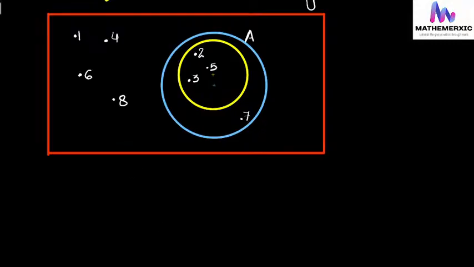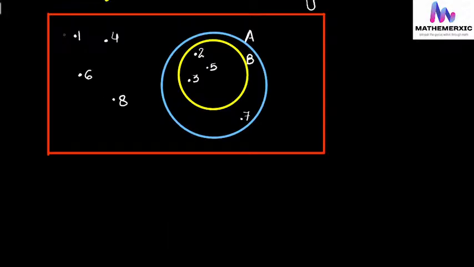Let us mark it as B, and in B we have 2, 5 and 7, but we don't have 7 in B, right?